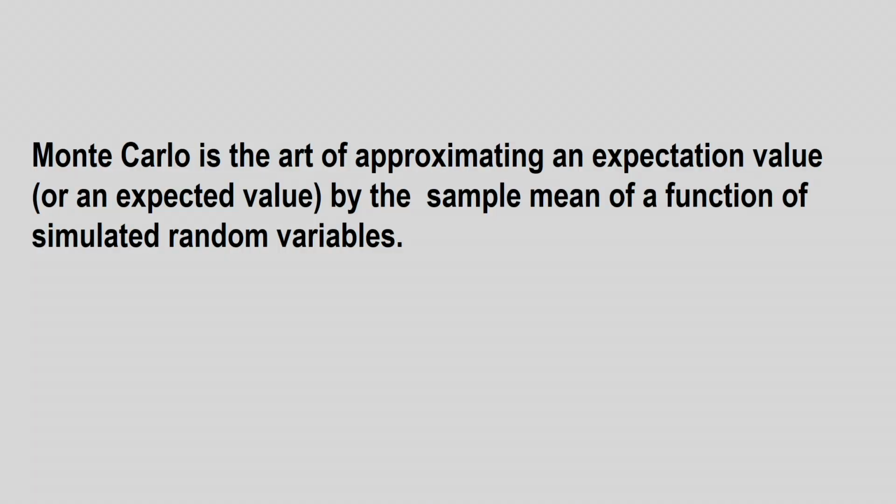In summary, Monte Carlo is the art of approximating an expectation value, or we also can call it an expected value, as we were calling during our discussion, by the sample mean of a function of simulated random variables. So, instead of choosing grids of a definite width, we actually choose random numbers.